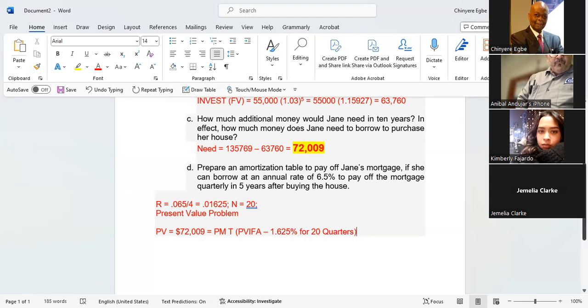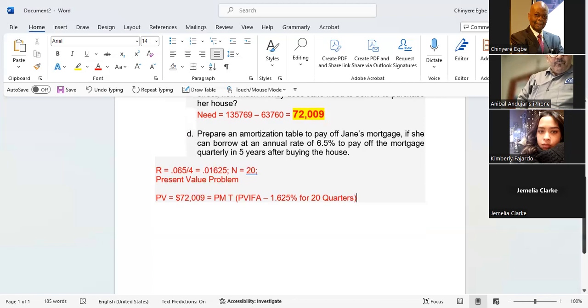All right, and we know the formula for that. So let's put it up. 72,009 equals your periodic payment, I'm just going to call it your payment, times the formula.